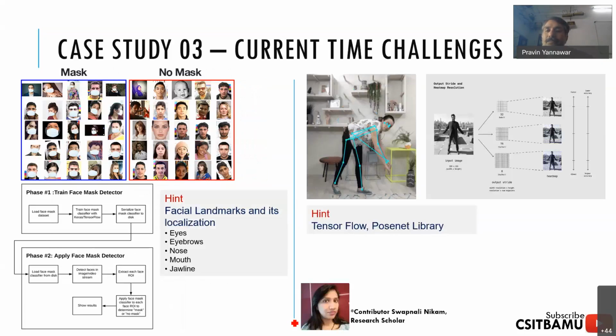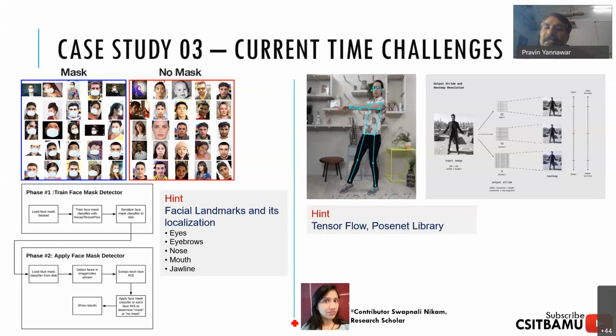Okay, one of my students, she's right now in Infosys, and she's working on a PoseNet library in order to convert the entire gesture into a two-dimensional stream. So you can go for TensorFlow or the PoseNet library for this.